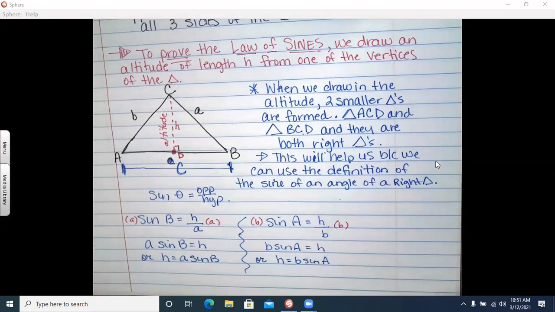So what I'm going to say on the next page is, because we have found two expressions for H, over here we have H equals A times the sine of B. Over here we have H equals B times the sine of A. So we have two things that H is equal to, okay? We're going to take what H is equal to and set those equal to each other. I'm going to do that on the next page.